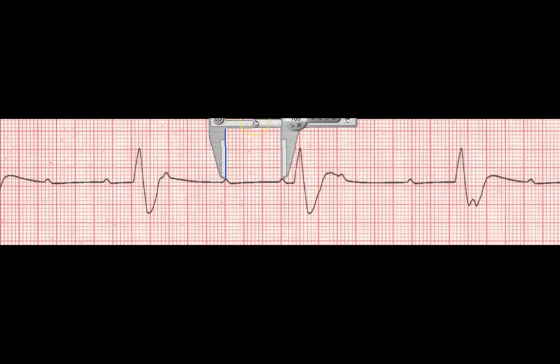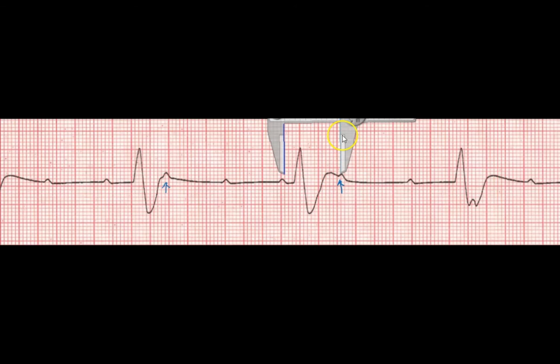If this beat that I was circling earlier right here is a P wave, it should line up. So let's move our calipers and look at that. It does. So when we look at this, every one of these are P waves, including this one in here. So this is also a P wave.